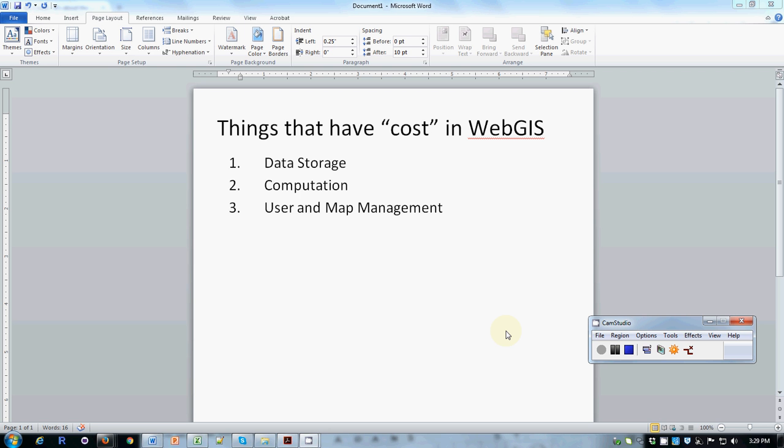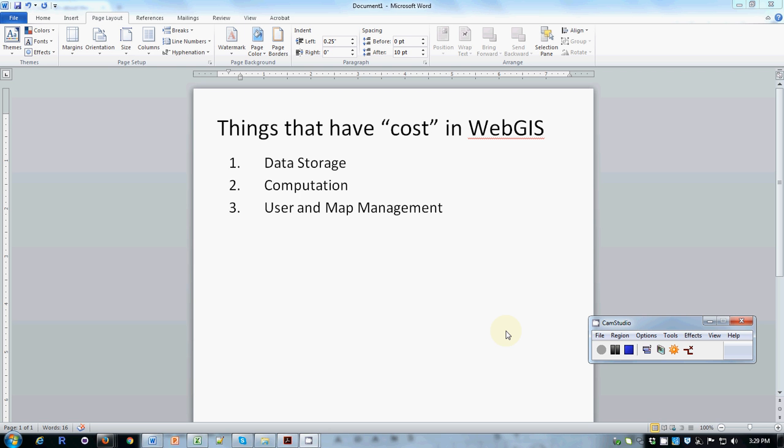So having those licenses available makes these things free to us now, but we should never forget that these things actually do have some actual cost.